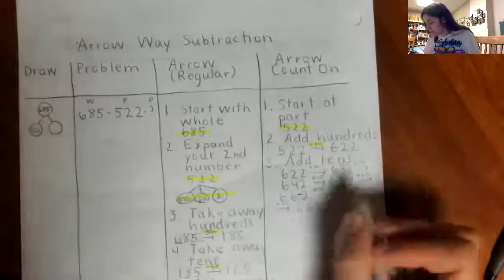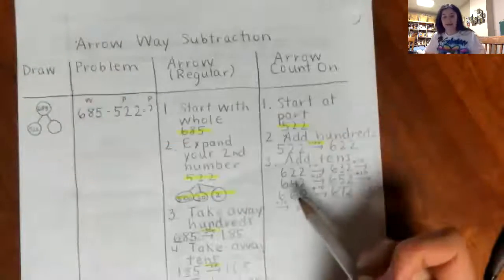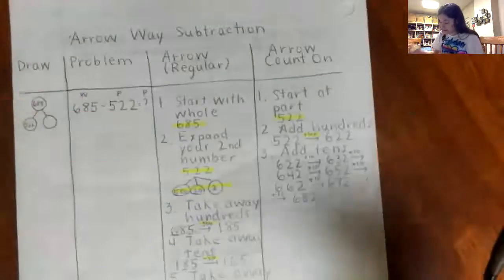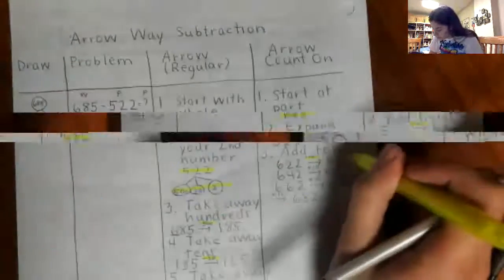Okay, and I know I have to stop there because now if I add 10 more, I'm gonna get 692, and that's above goal. Okay, my goal is 685. So instead, I'm gonna stop there, and I'm gonna go to ones now, because now I added my tens.